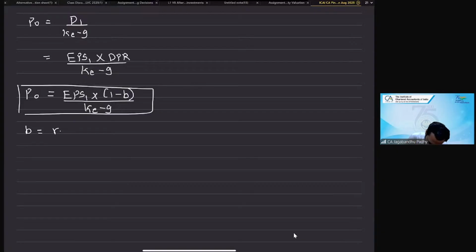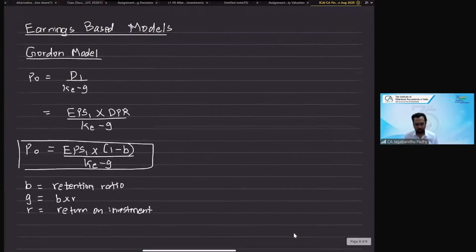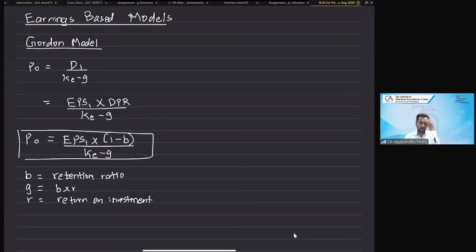B is the retention ratio, and G is B into R, the retention ratio into the return on investment, so R is the return on investment. This is again a Gordon model, just redrafted a bit.